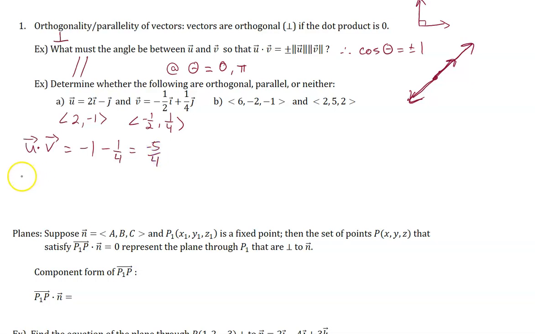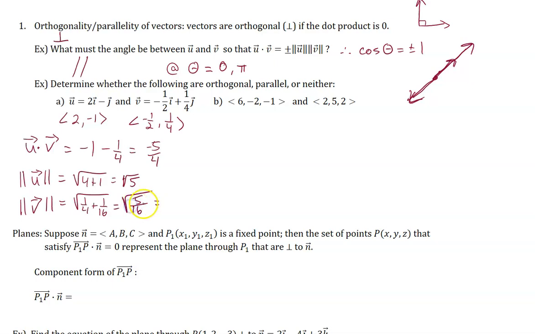Then for the magnitude of each, we have the square root of 4 plus 1, so √5, and then for v, the square root of 1/4 plus 1/16, which is 5/16, which is √5/4.